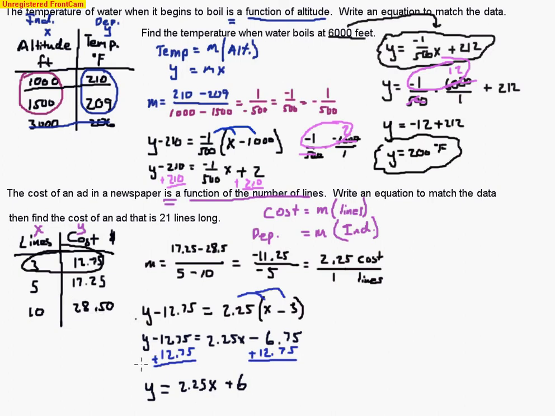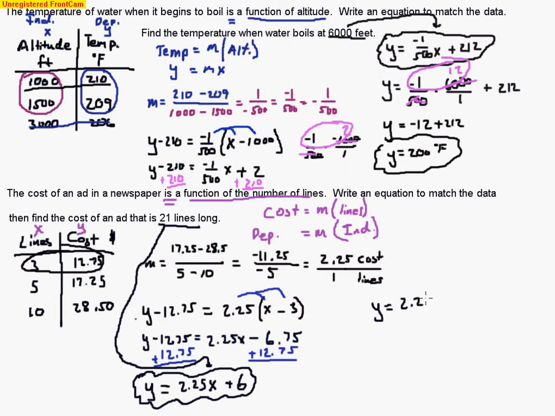They wanted us to write an equation to match that information, but then we have to follow what it says here: find the cost of 21 lines. Lines represents the x value, so we put 21 in place of x. I'll rewrite this as y equals 2.25 times 21 lines plus the $6 that we're going to be charged. 2.25 times 21 gives me $47.25.